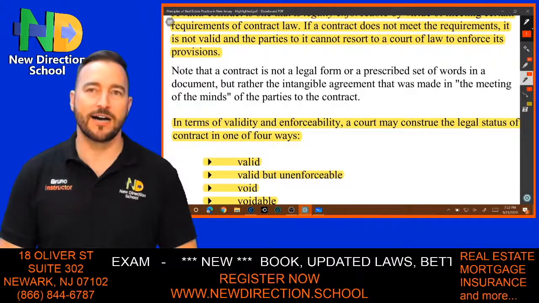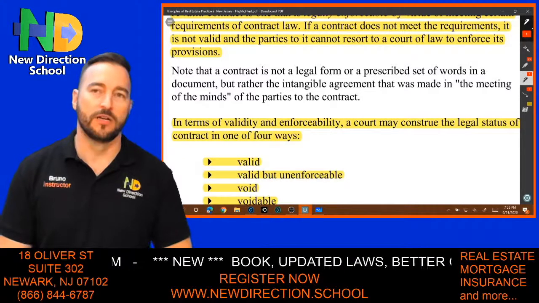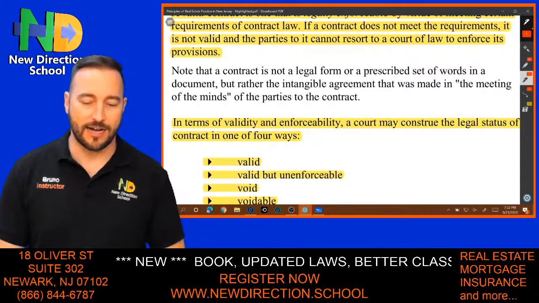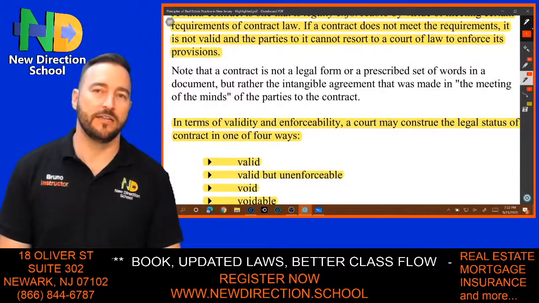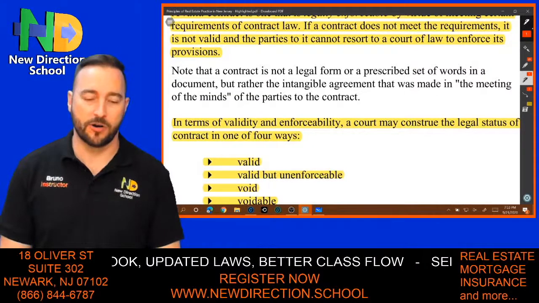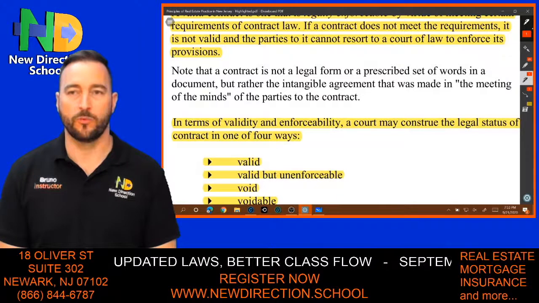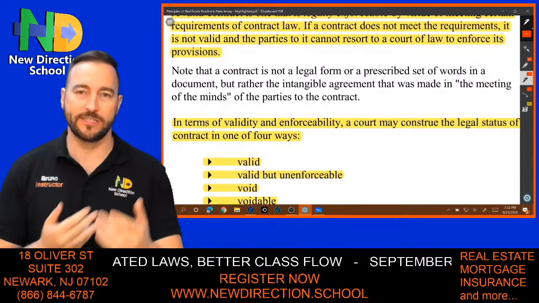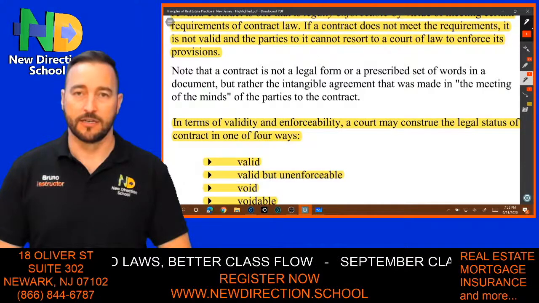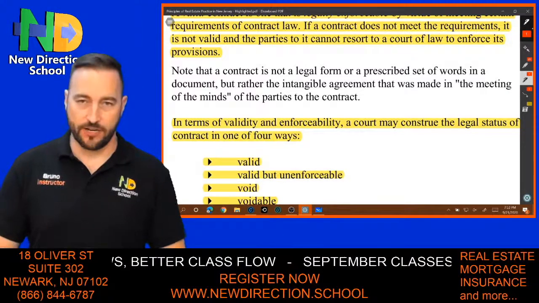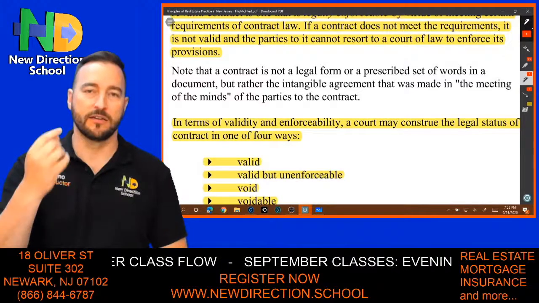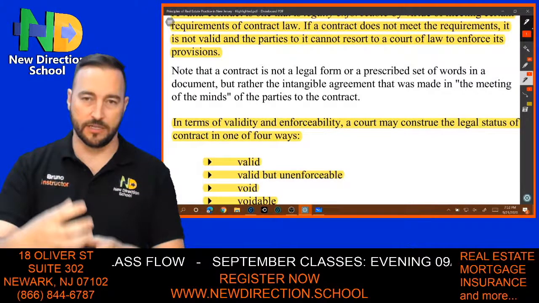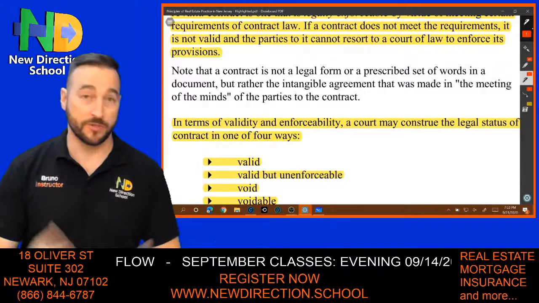Now, note that a contract is not a legal form or a prescribed set of words in a document, but rather an intangible agreement that was made in the meeting of the minds of the parties of the contract. Again, when we met in agreement. It doesn't mean we need to meet face to face. It's when I saw your offer, I read your offer, I agreed to your offer. That means my mind meets with yours when it comes to this purpose, whatever the purpose might be.